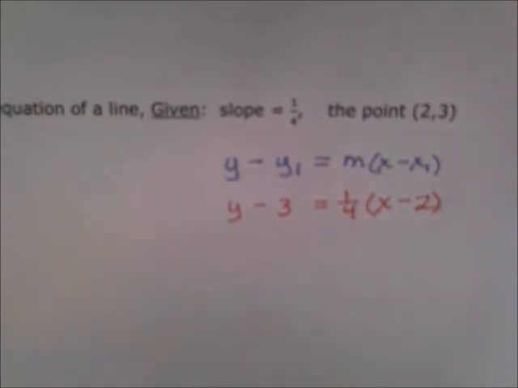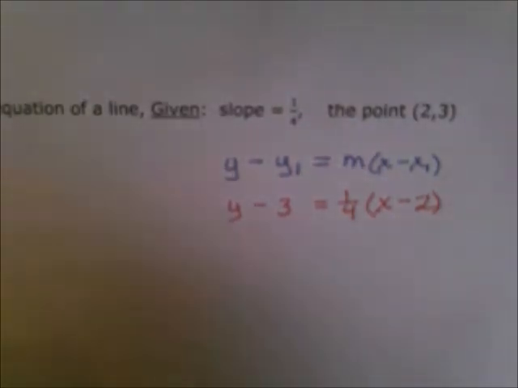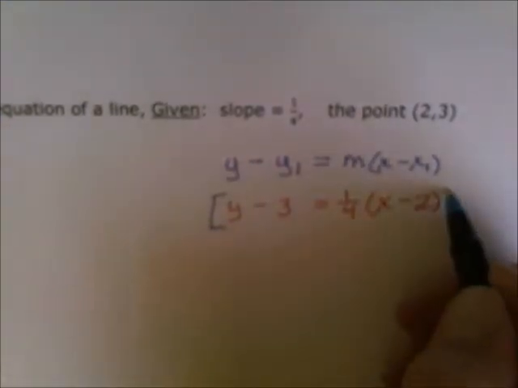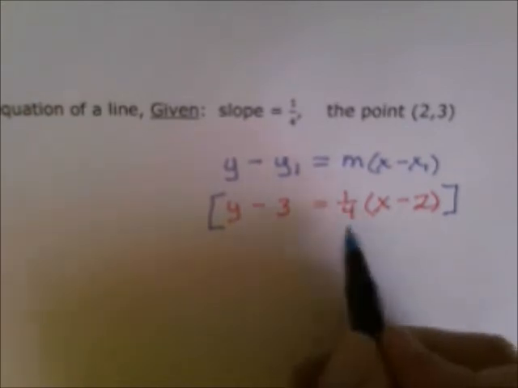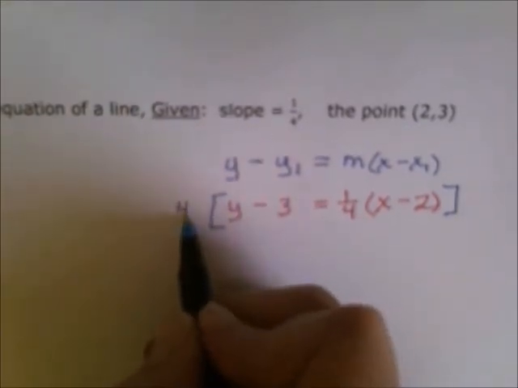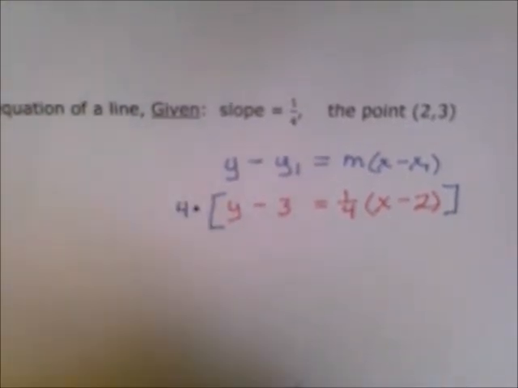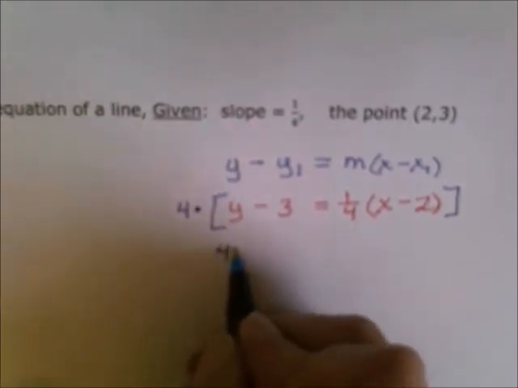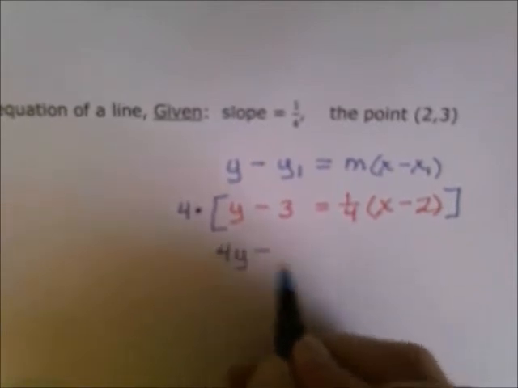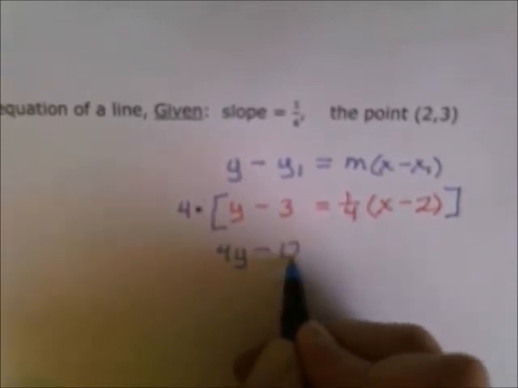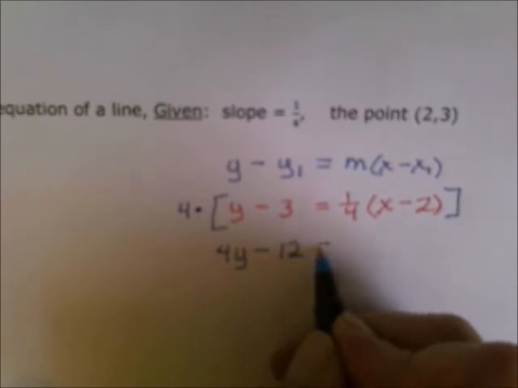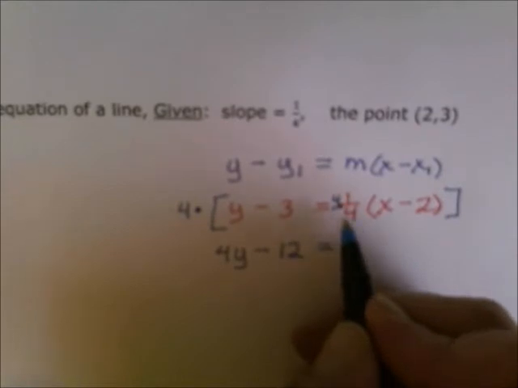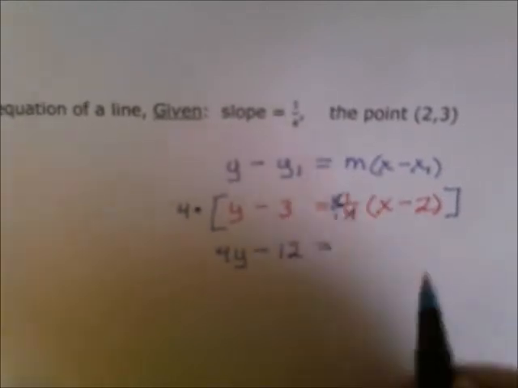So you could leave the fraction in if you want to and go from there, or if you clear the fractions, we know we're going to multiply by 4, our least common denominator. Then when we pull it out, we're going to have 4y minus 4 times 3 is 12 is equal to, okay, right here, when we multiply by 4, those 4's cancel.